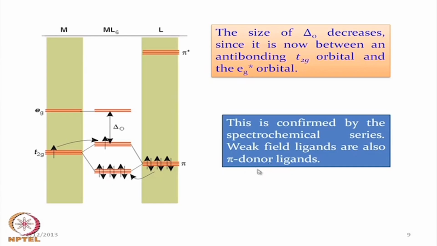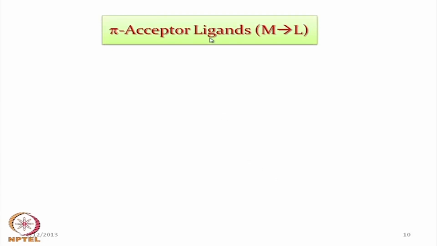It is true for pi acceptor ligands that we will discuss in our next class, that these pi acceptor ligands will modify the corresponding splitting energy for these two levels, but the donor ligands can only reduce the splitting and will be on the left hand side of the spectrochemical series where they are considered as weak field ligands.